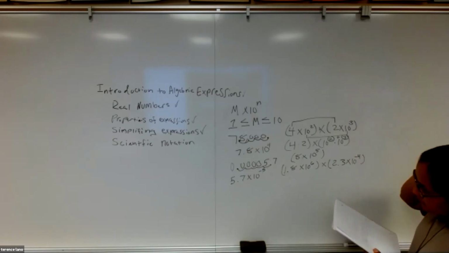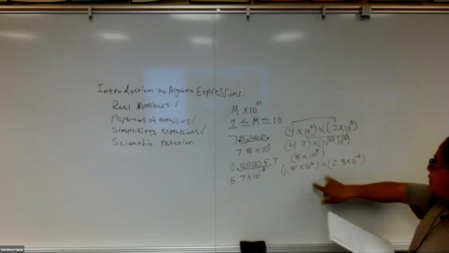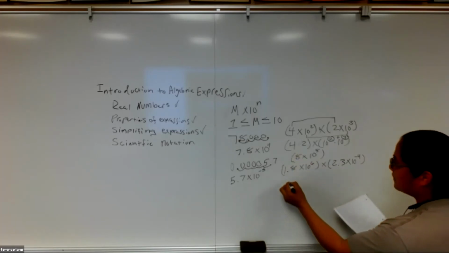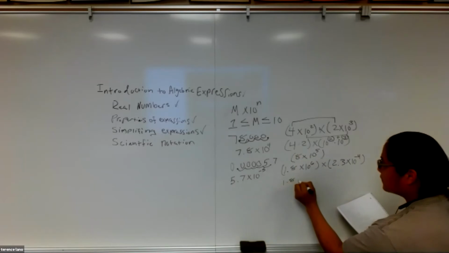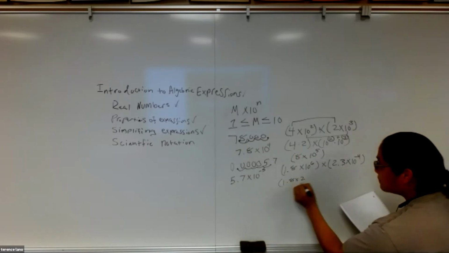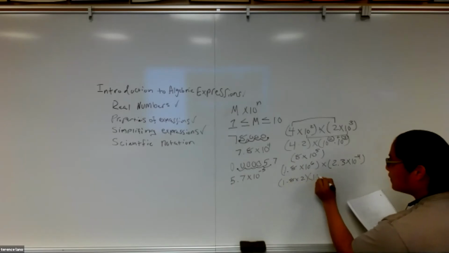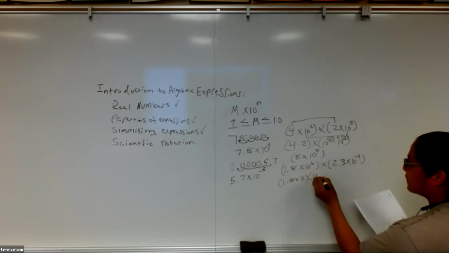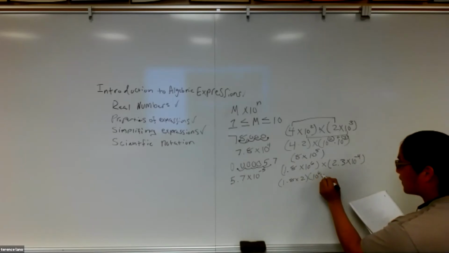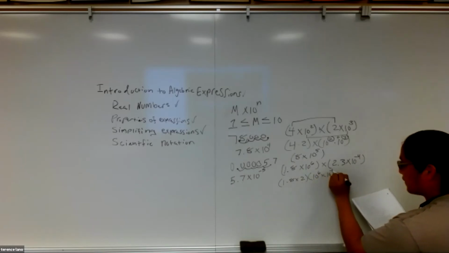And within this notation, we can execute it the same way we did at the top. 1.8 times 2.3. Take your power, your 10 to the 6 here, multiply that by your 10 to the negative 4.